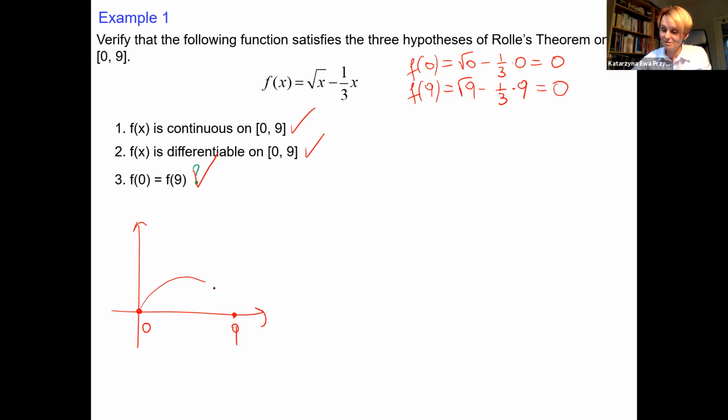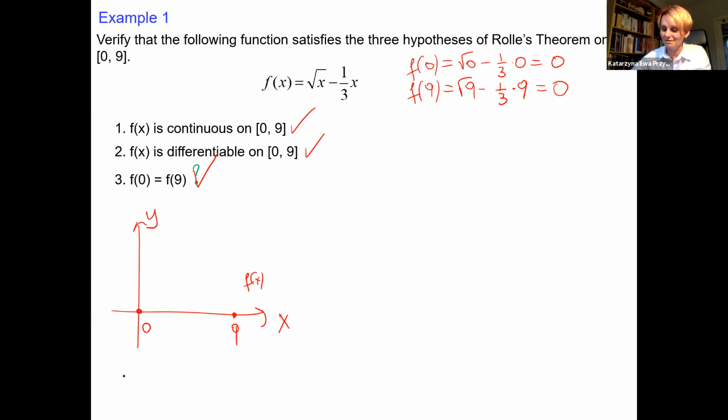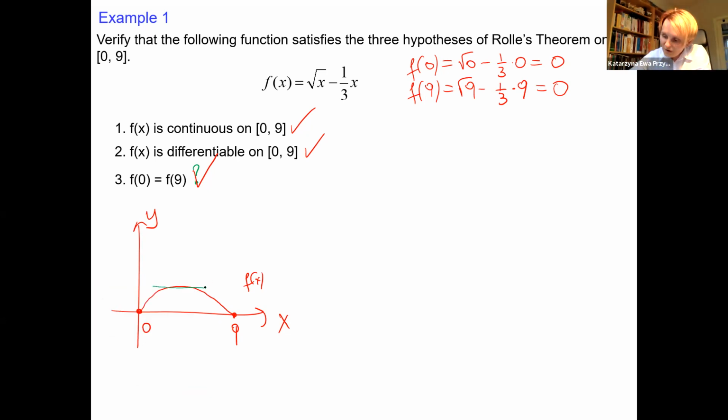I don't know, maybe something like this, not necessarily symmetric in the middle. But the point, of course, is to find a point C where the derivative is 0.